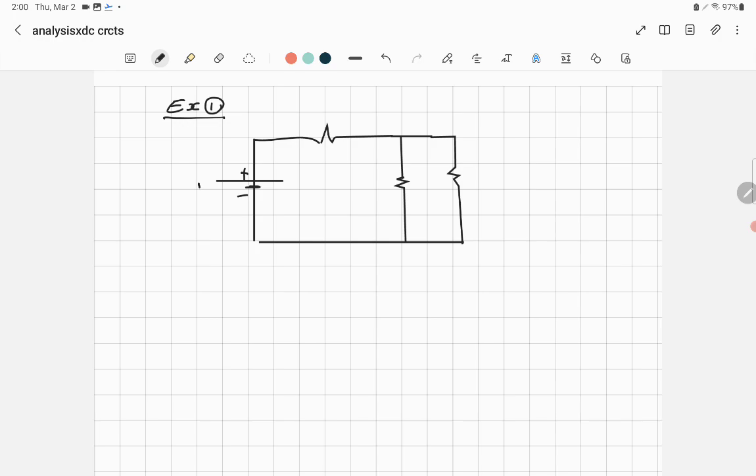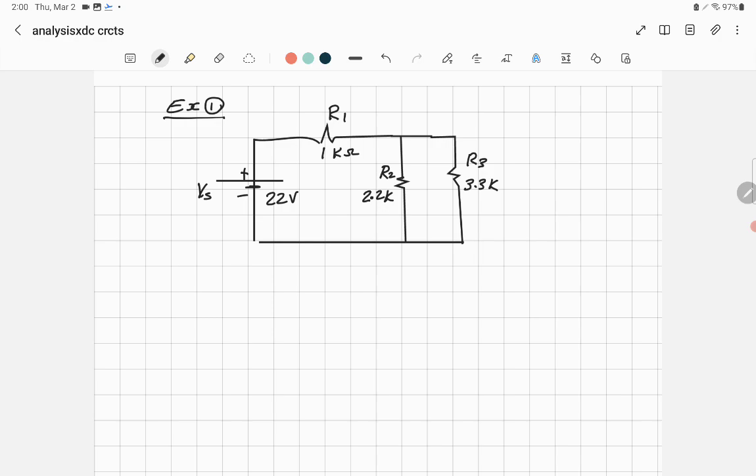The voltage Vs is equal to 22 volts. We have resistance R1 equal to 1 kilo ohm, the resistance R2 is equal to 2.2 kilo ohm, and resistance R3 is equal to 3.3 kilo ohm.